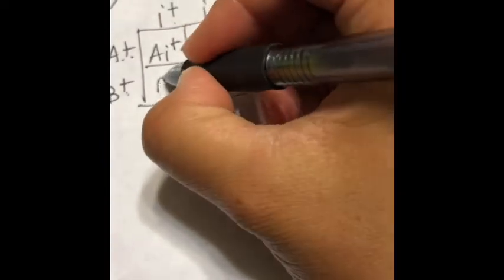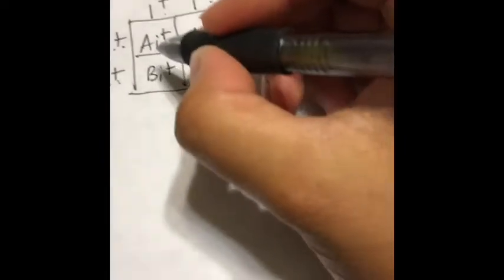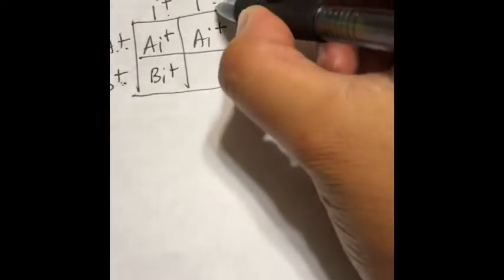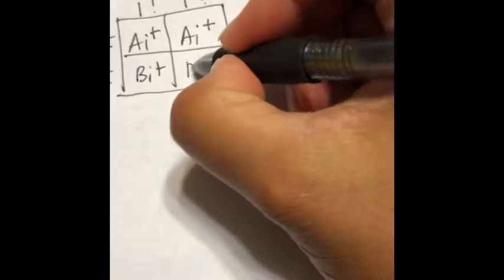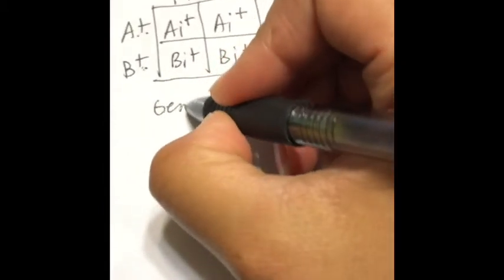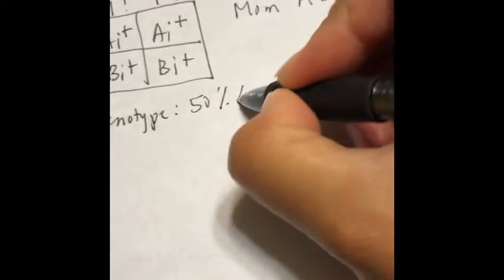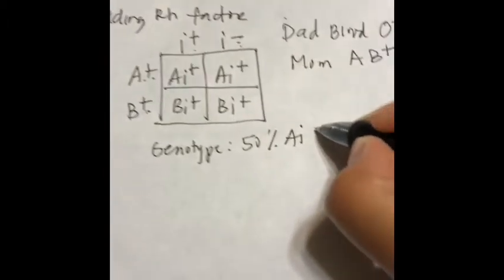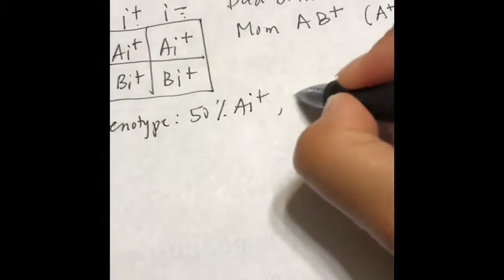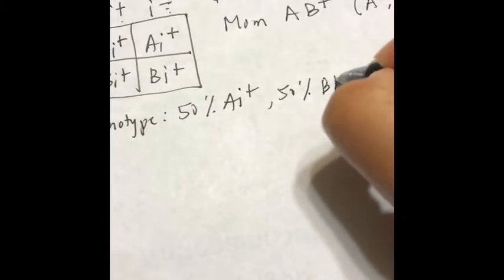Okay, this would be a BI positive blood type, and because the positive is stronger than the negative, this will still become a positive blood type. So the genotype now would be 50% AI positive and 50% BI positive.